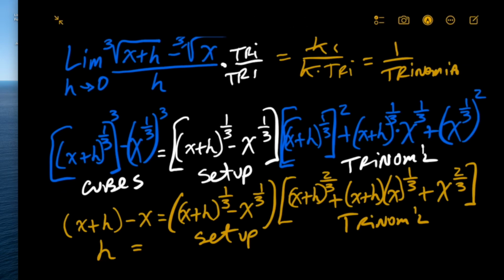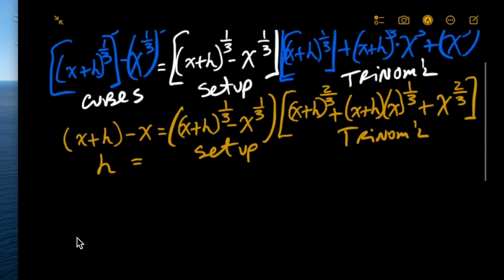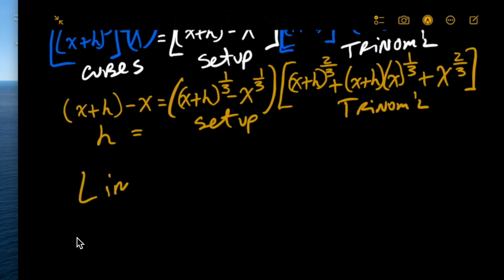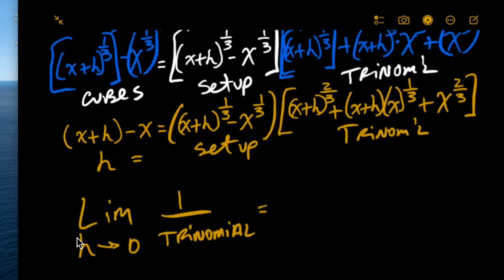So all we have to do now is take the limit as h approaches 0 of 1 over the trinomial. Let's plug in h equals 0 to the trinomial, and that'll be our denominator. We have 1 over x plus 0 squared plus x times x to the 1/3.